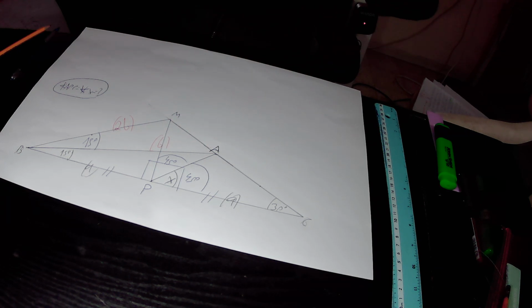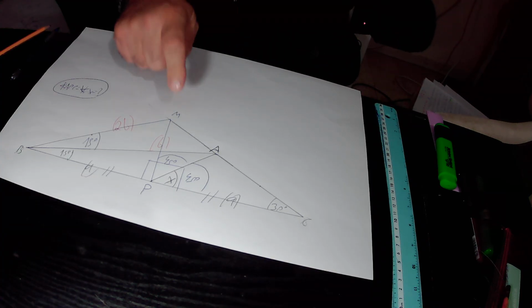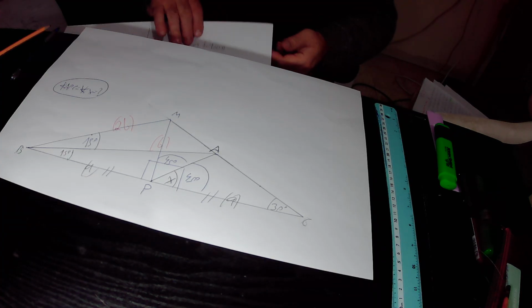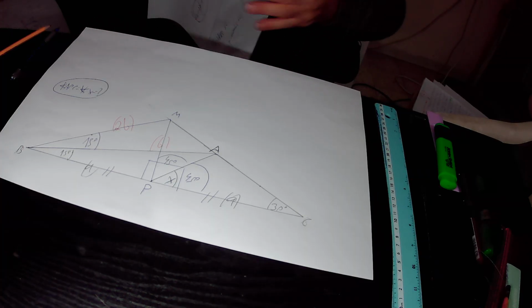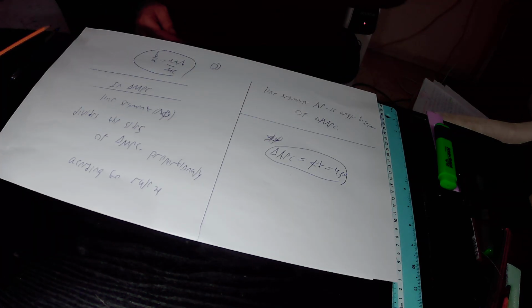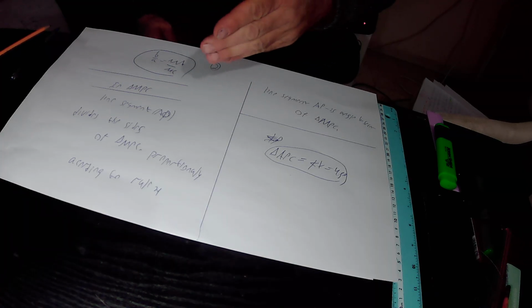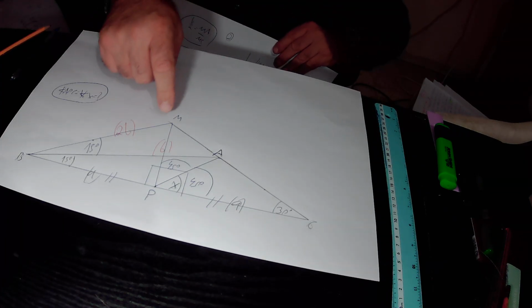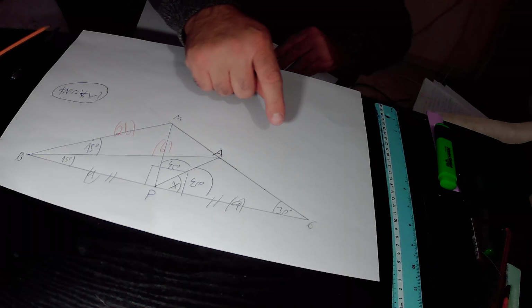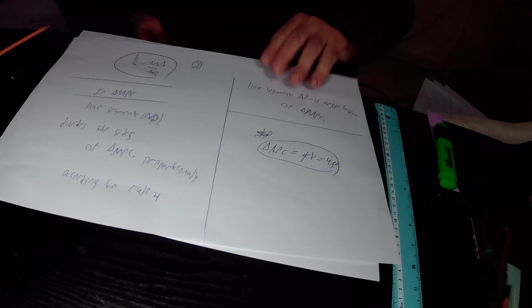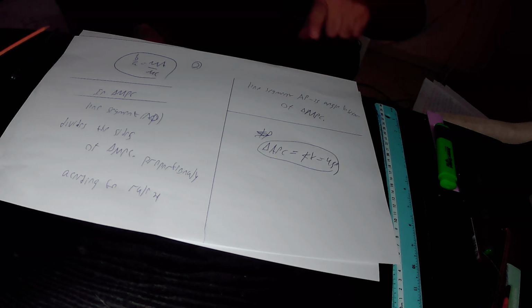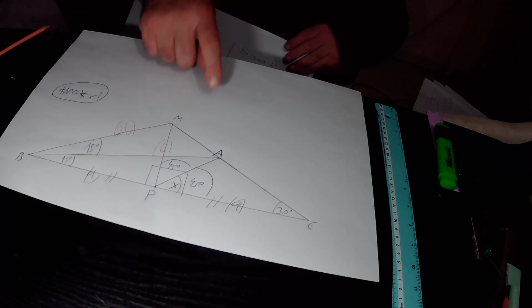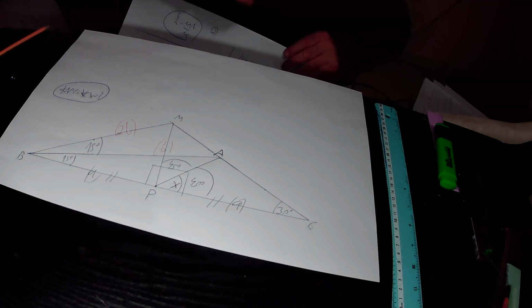Therefore, according to Rule 21, line segment AP must be the angle bisector of this triangle MPC.